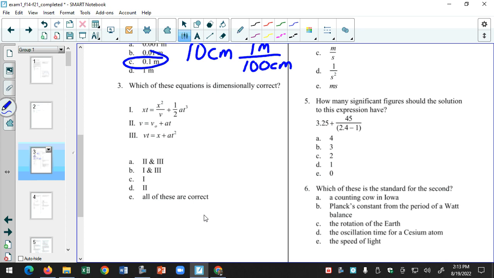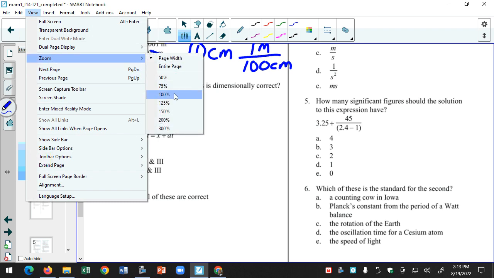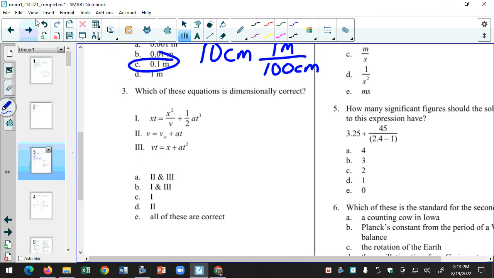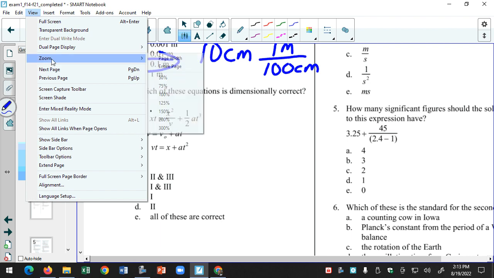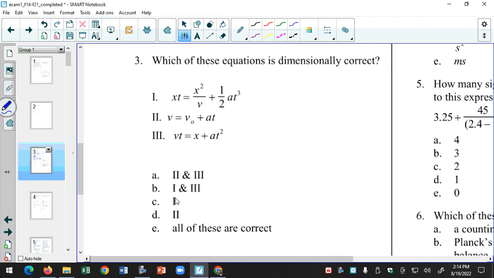First of all, when you look at these equations, I'm going to zoom in just a little bit. You want to see if you can simplify them in any way. So for example, if there's any common term that I can cancel out from all of them, it doesn't look like there are any common terms that I can cancel out.